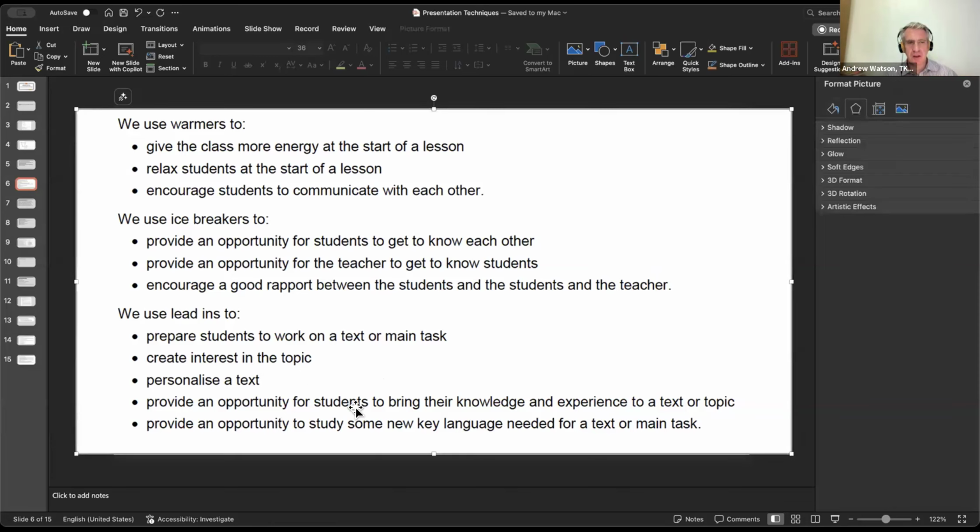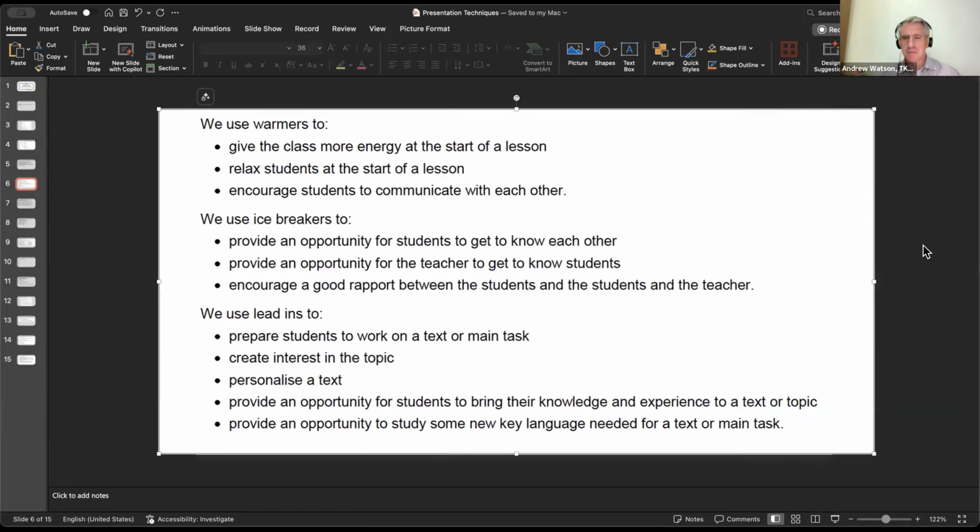Creating interest in a topic is also a lead-in. Personalizing the text. Providing an opportunity for students to bring their knowledge and experience to a text or topic. Giving them the opportunity to study some new key language needed for a text or a main task.